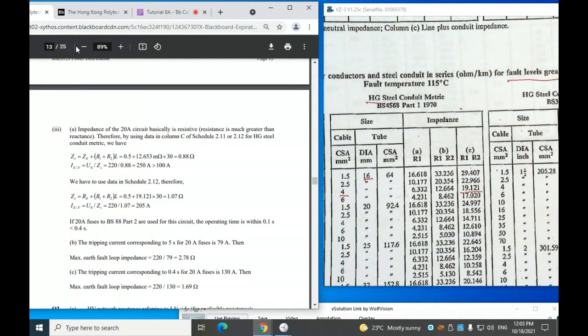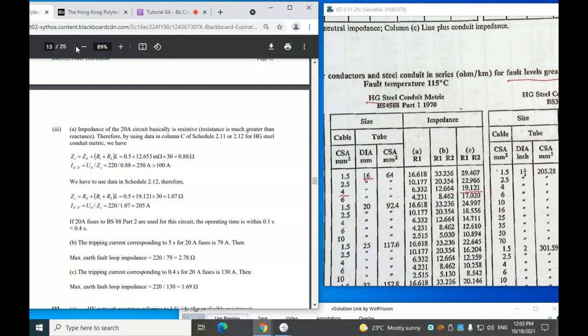We repeat the calculation, but use this figure for the impedance. The total impedance in this case is higher than the previous one, equal to 1.07 ohm. Because the impedance increased, the actual earth fault current reduced a little bit.